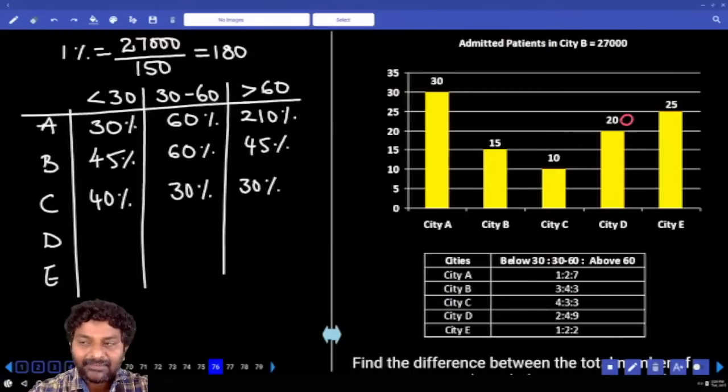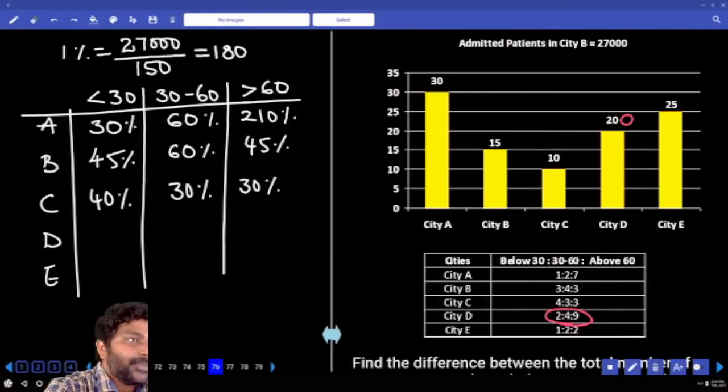Next. What is D's total? How many parts? 15. Can we divide 200 into 15 parts? So for that purpose, in D, less than 30, how many parts do we have? 2 among 15, of 200%, that is equal to 400 by 15 only. Next, 4 by 15 into 200, 800 by 15.